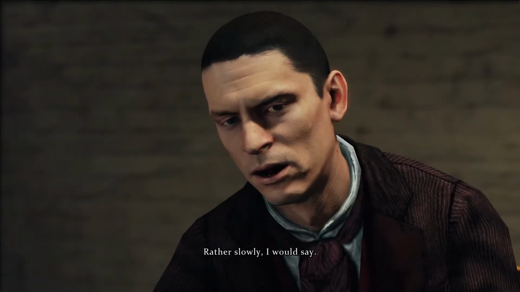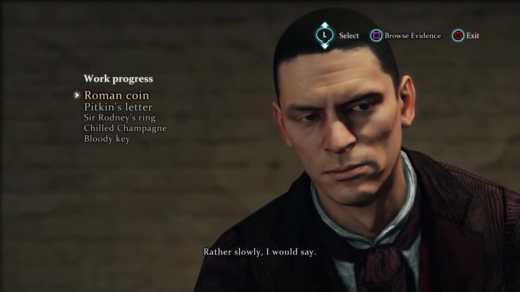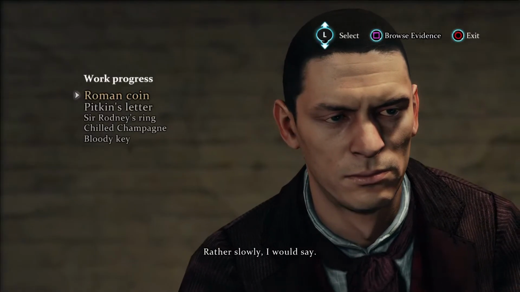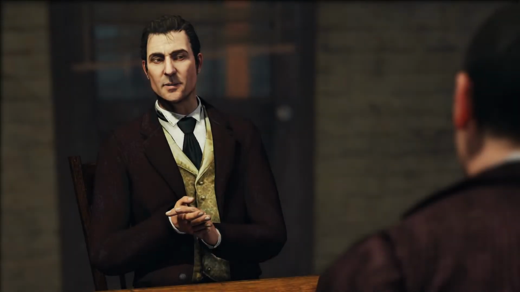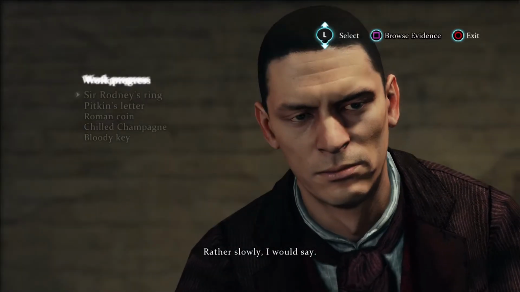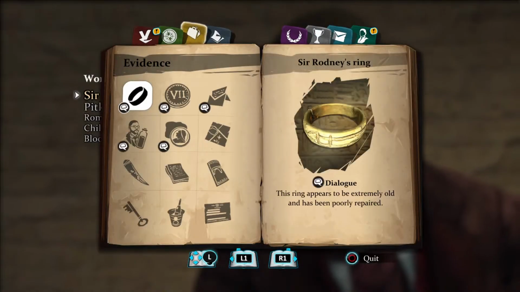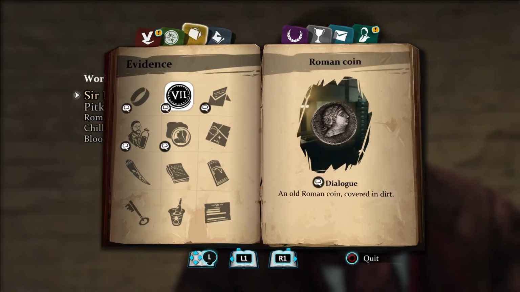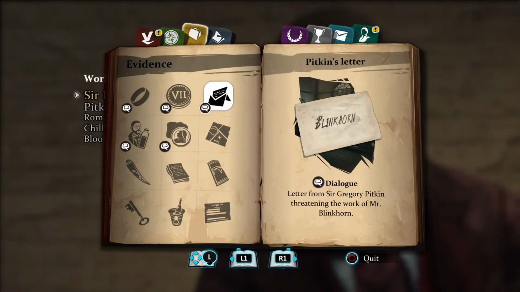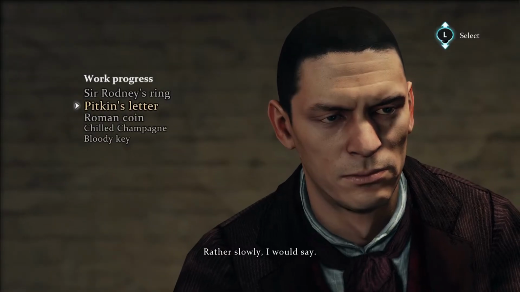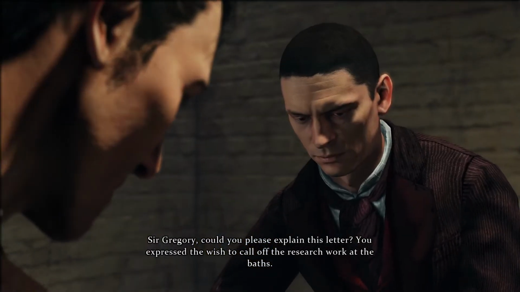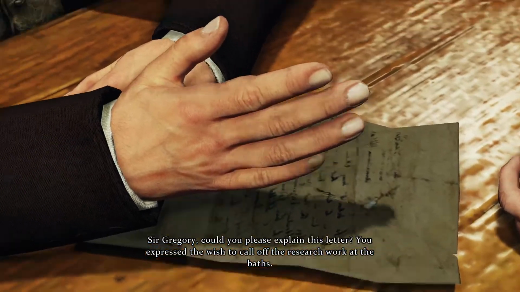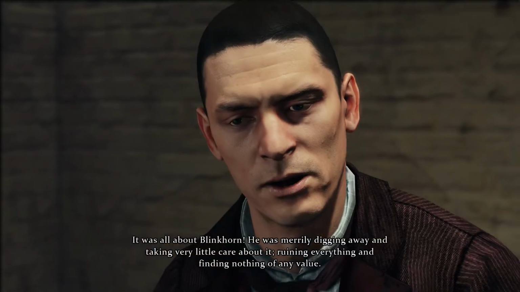Rather slowly, I would say. Sir Gregory, could you please explain this letter? You expressed the wish to call off the research work at the baths. It was all about Blinkhorn.